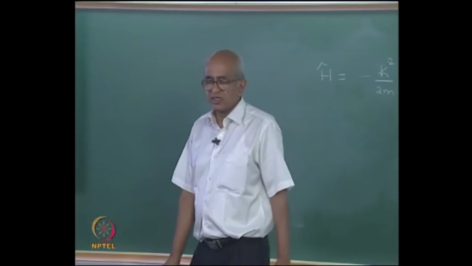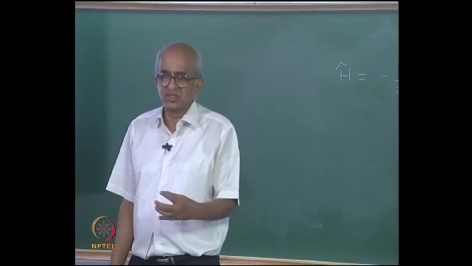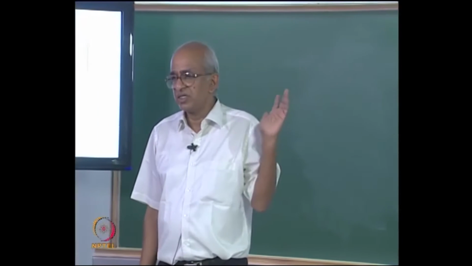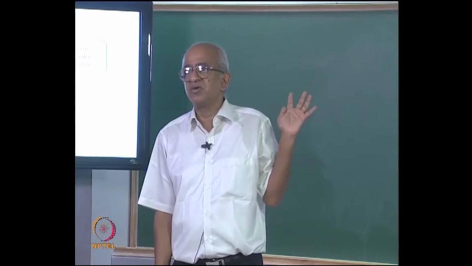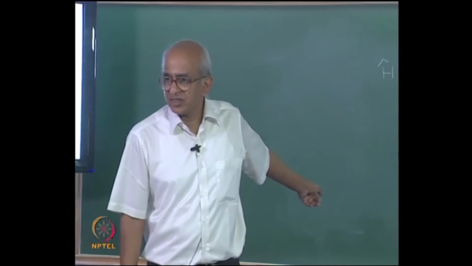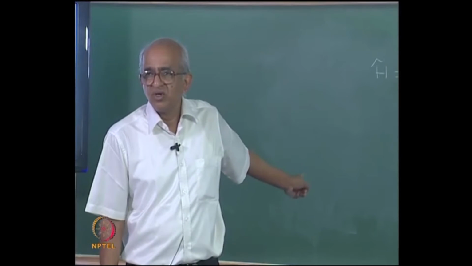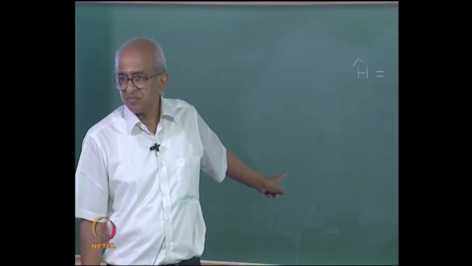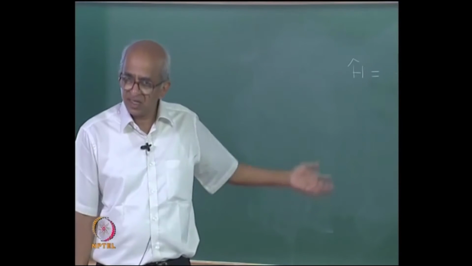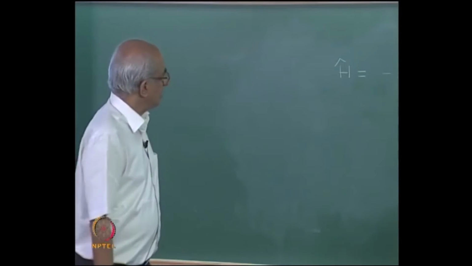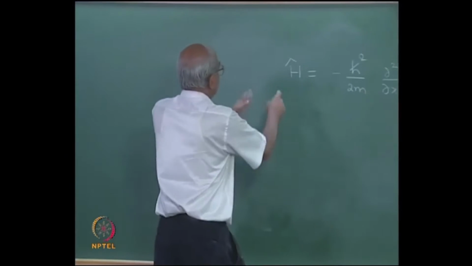Now, quantum mechanically, suppose you have such a system and you are able to measure its energy. What this postulate says is that the answer is going to be an eigenvalue of this operator H. So you want to know what the eigenvalues of this operator are, because if you make a measurement of energy, the answer is going to be a particular eigenvalue of this operator. So, how do you find an eigenvalue?